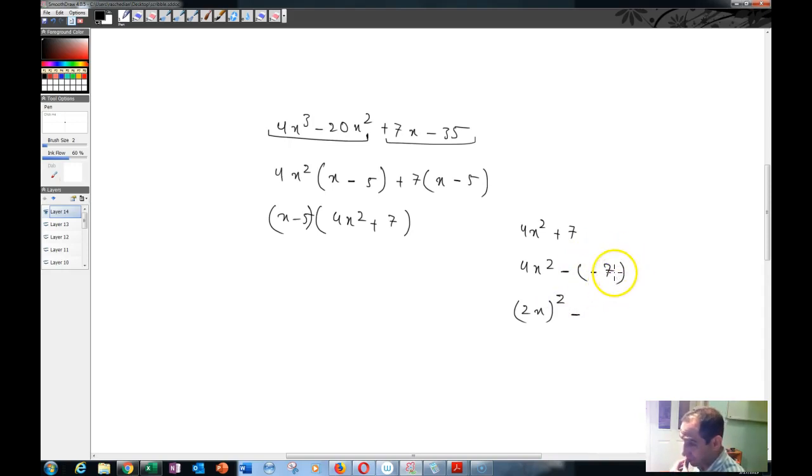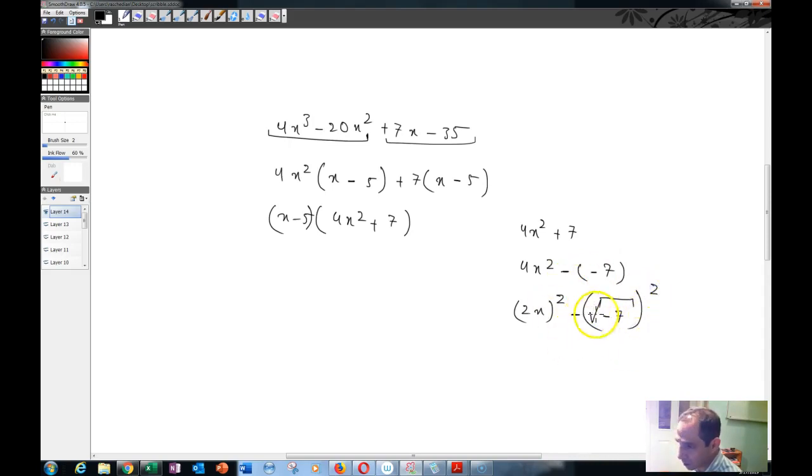So if I write this as, I couldn't do that. I couldn't, for example, write this as the square root of negative 7 whole squared.